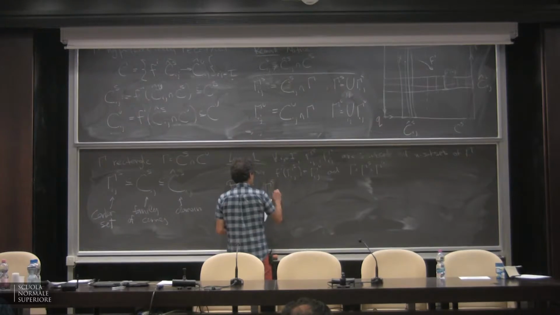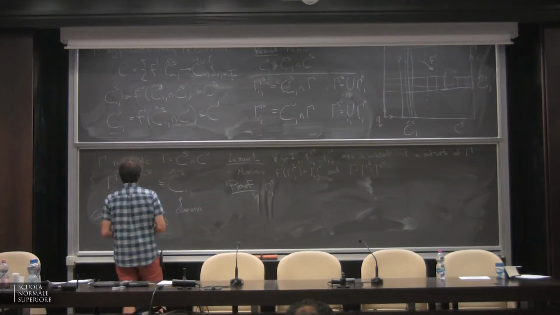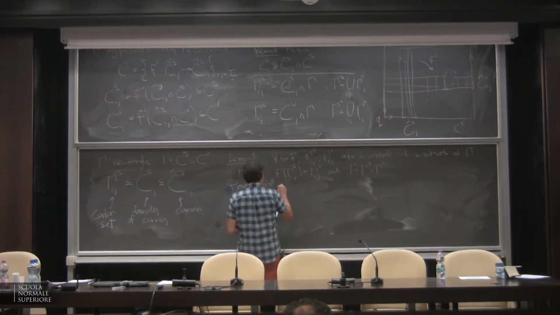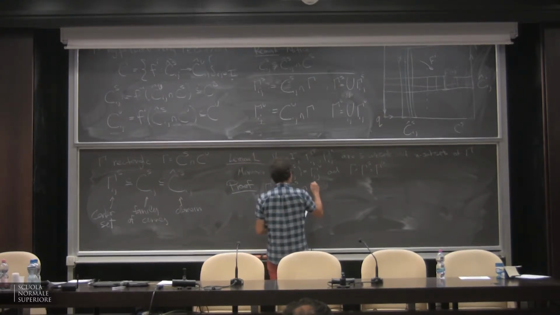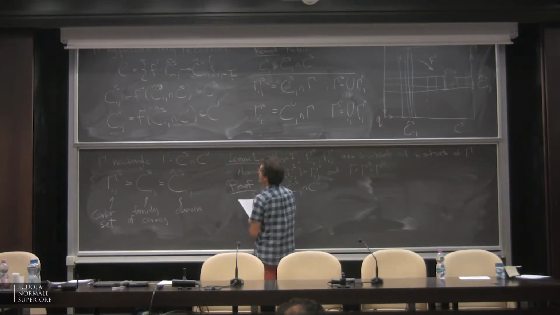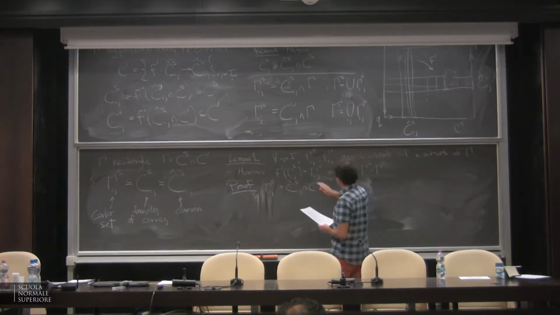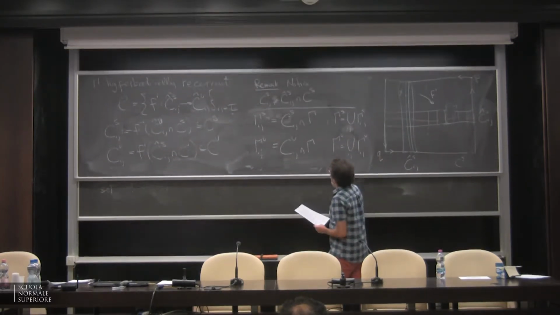Gamma Sij is by definition C hat Sij intersection Cu, gamma Sij, CSij intersection gamma, which is the same thing.